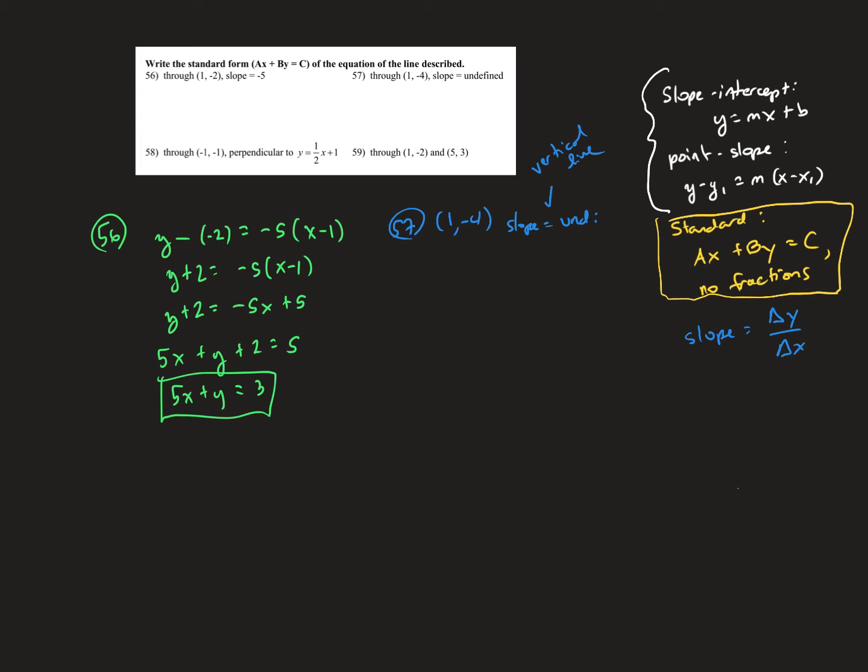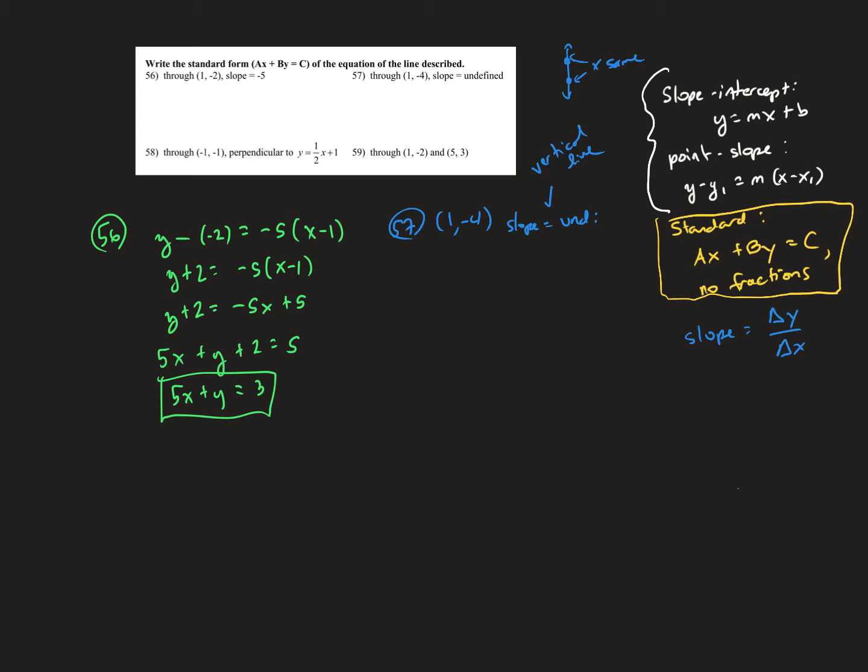Because if you think about slope being rise over run, the line doesn't run at all, so you'd be dividing by 0. Now, when you have a vertical line, and I were to pick 2 points on that vertical line, their x values would be the same, right?